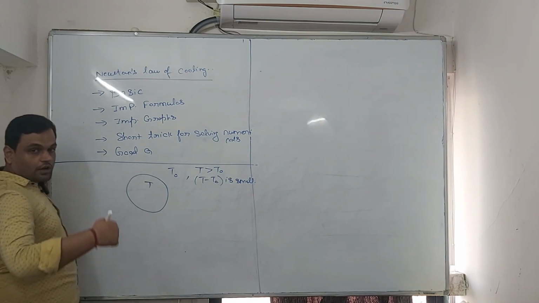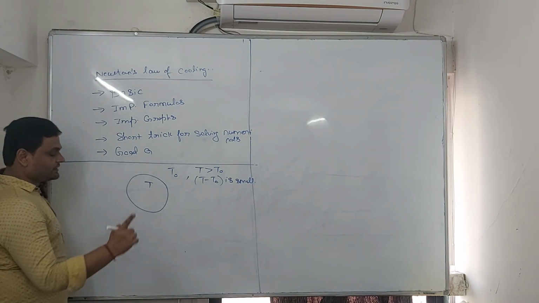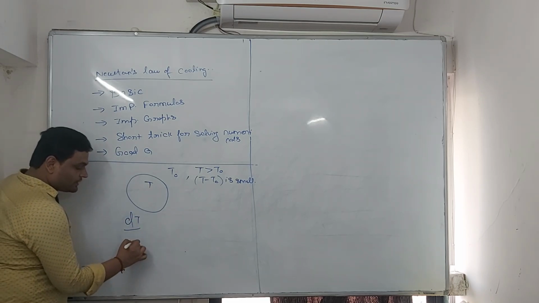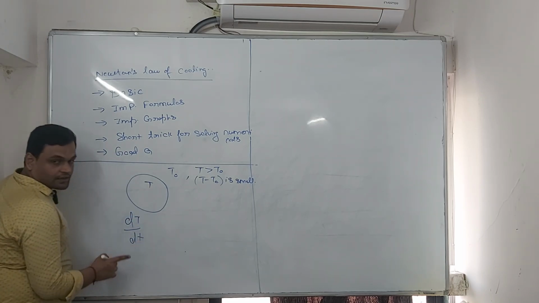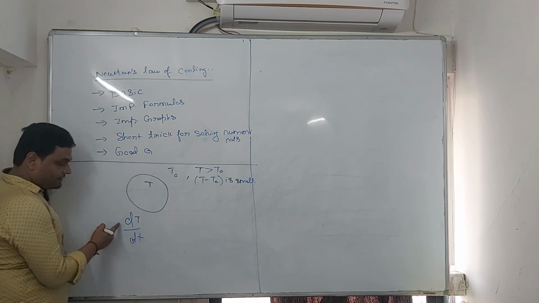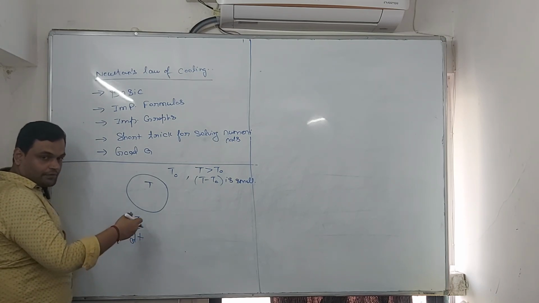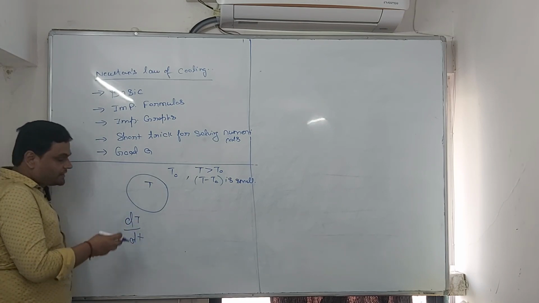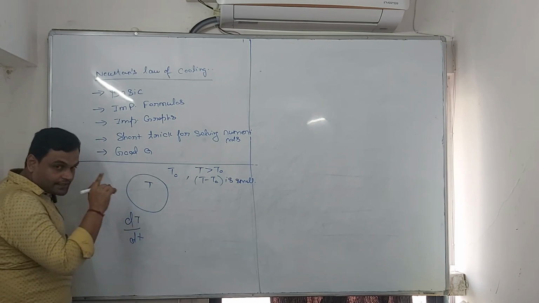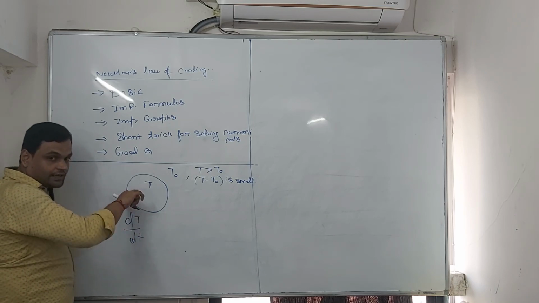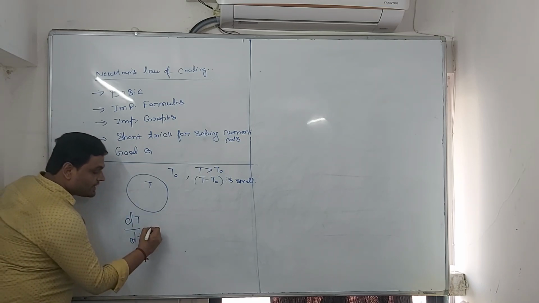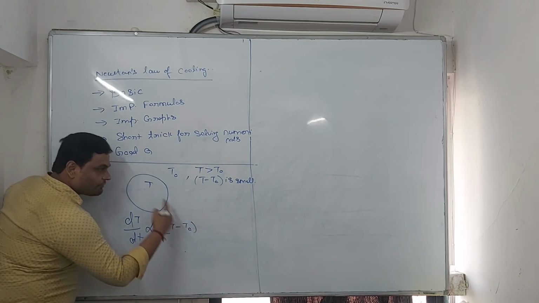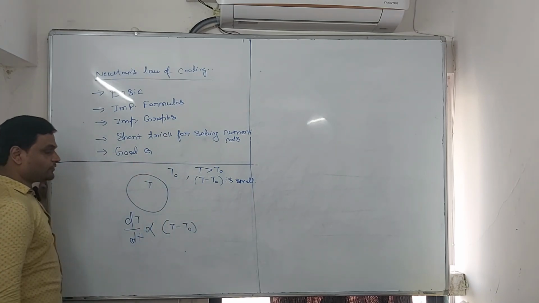So what Newton observed is that the rate at which temperature falls is directly proportional to the temperature difference of the body with respect to its surrounding.